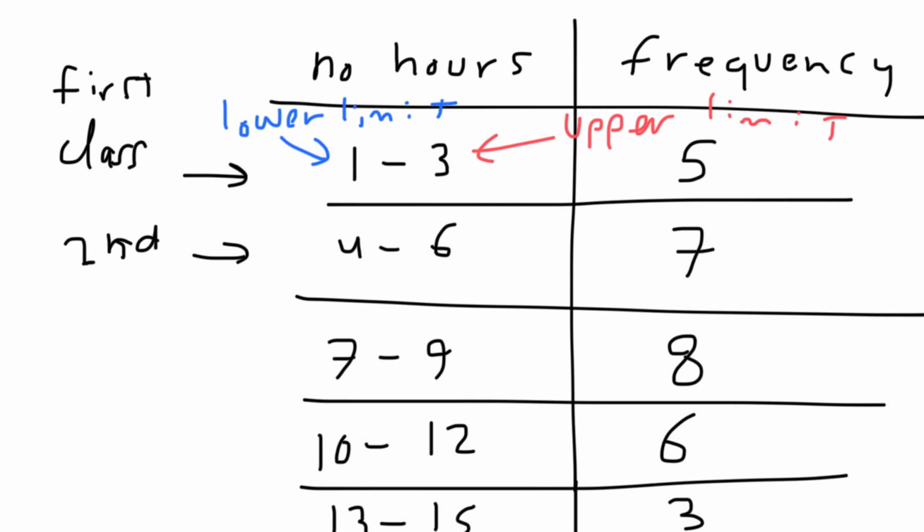The class width, if you want to know it, is basically the distance between 2 successive lower limits.